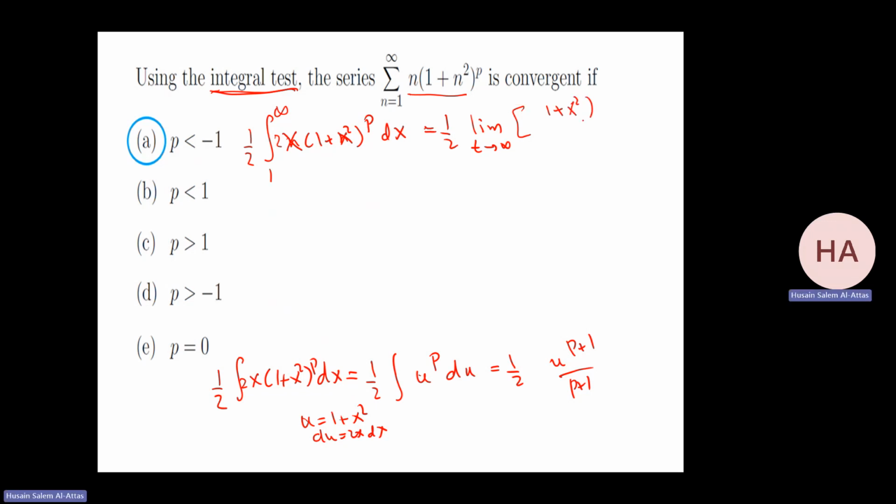(1 plus x squared) to the power p plus 1 over p plus 1, from 1 to t.